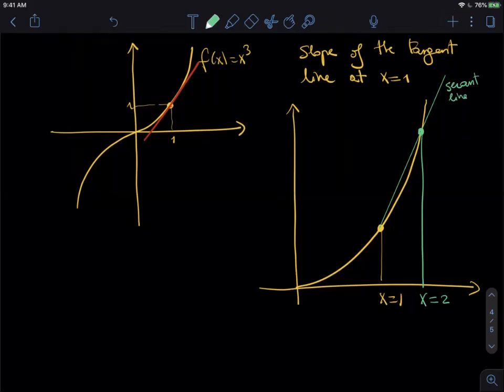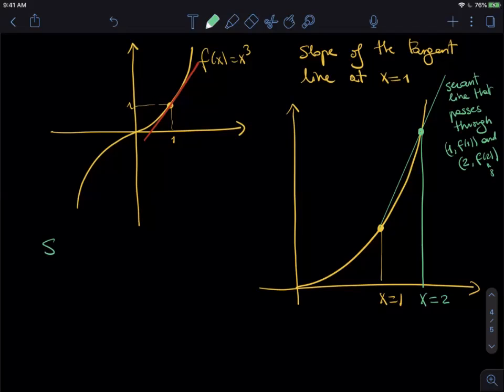This is a second line that passes through 1, f of 1, and 2, f of 2. So f of 1 is equal to 1, f of 2 is equal to 8. Okay, so I can write it down. So how do I compute the slope of this line?